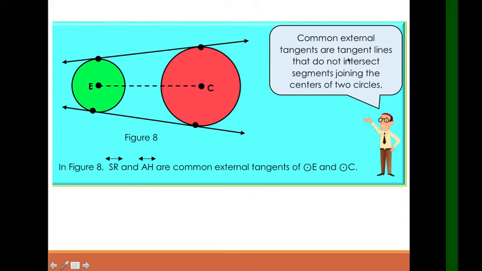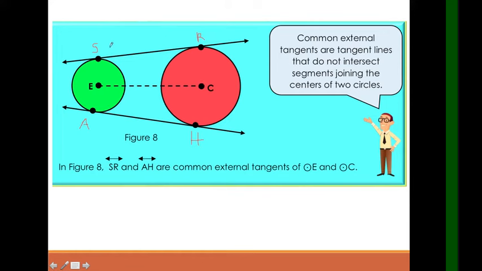And common external tangents are tangent lines that do not intersect the segment joining the centers of the two circles. So this is a sample, no? Let's say this is line SR and line AH. So these are common external tangents of circle E and circle C. So ito yung mga common nila.